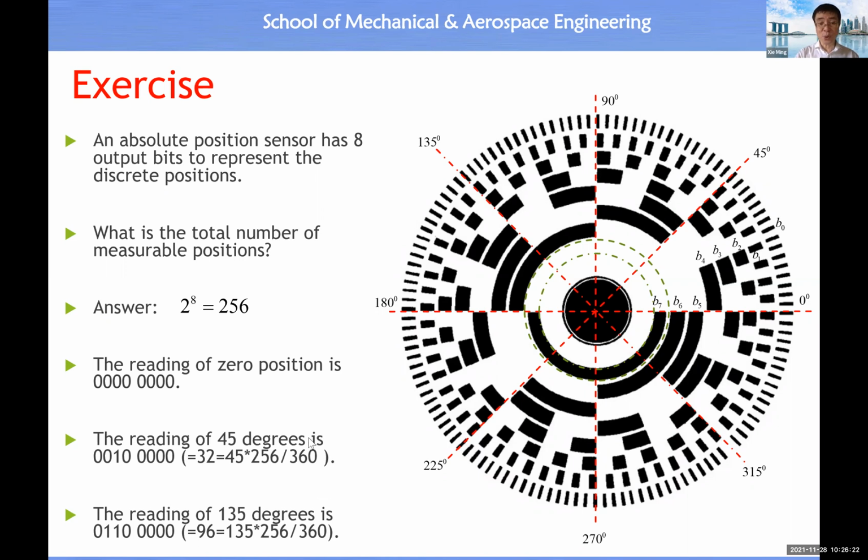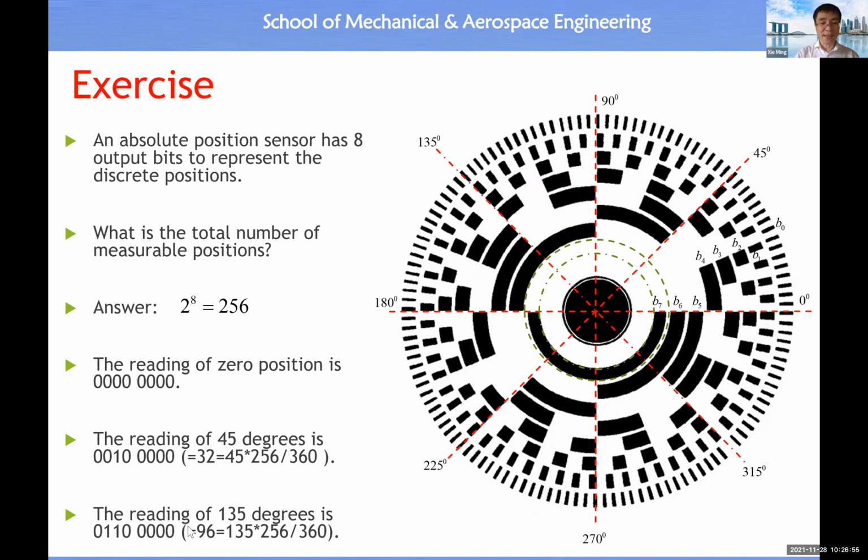Because in total we have 360 degrees, for each degree, what should be the value output from the sensory data? Since now we have 45 degrees, then 45 times this resolution will give you the output value from the sensor. So you do this calculation, which is 32. Then you convert 32 into a binary number, and you have 0010 0000.